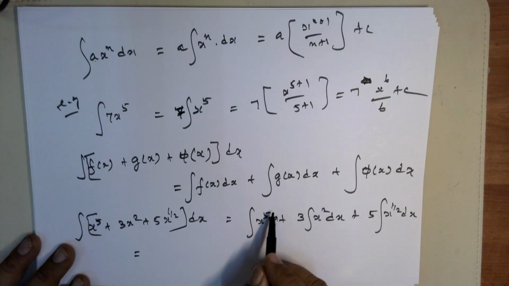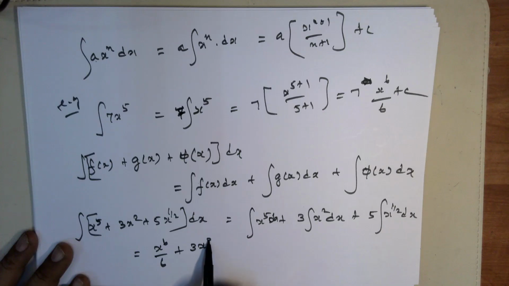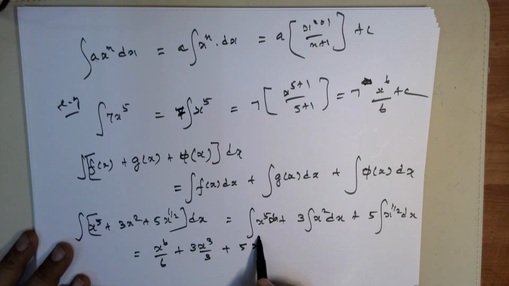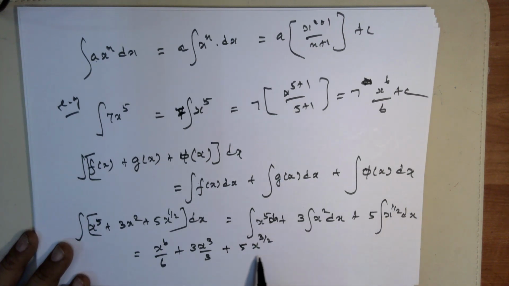Now we can find out: x power 5 gives x power 6 by 6, plus 3 into x cube by 3, plus 5 x power 3 by 2, because 1 plus half is 3 by 2, and that is divided by 3 by 2.